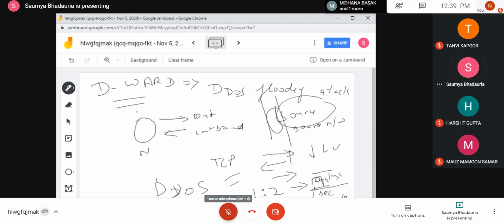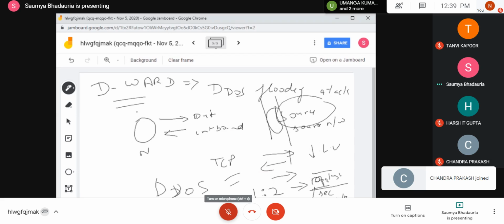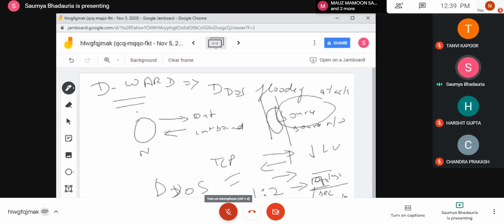Based on this, your D-WARD can drop the packets of legitimate users, which might lead to false positives.